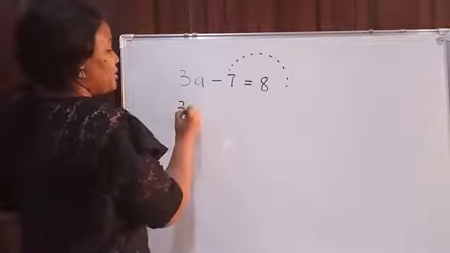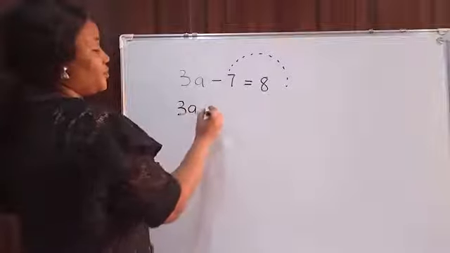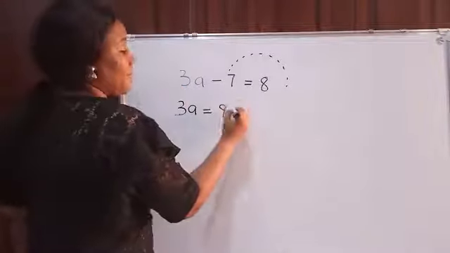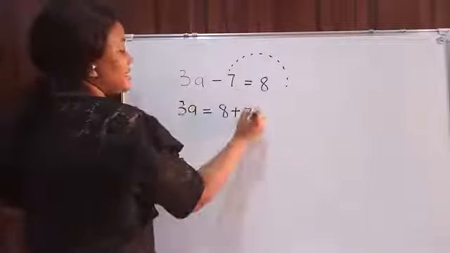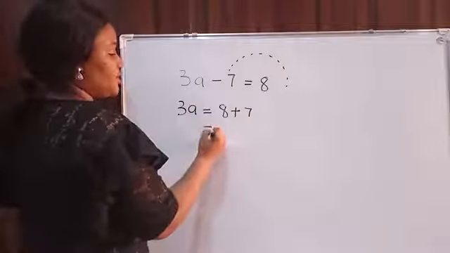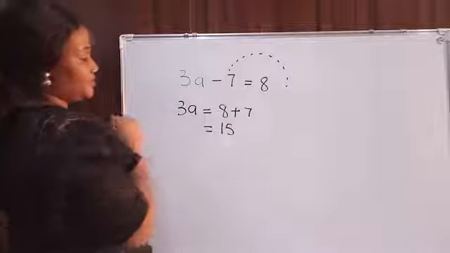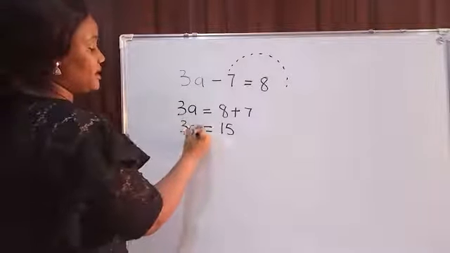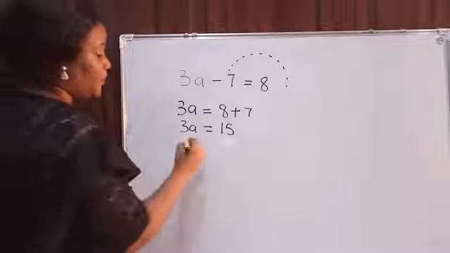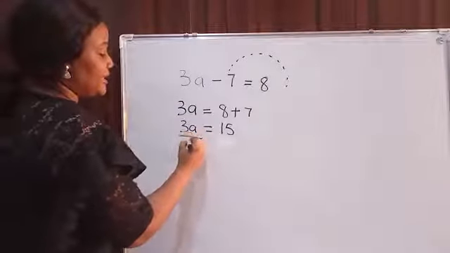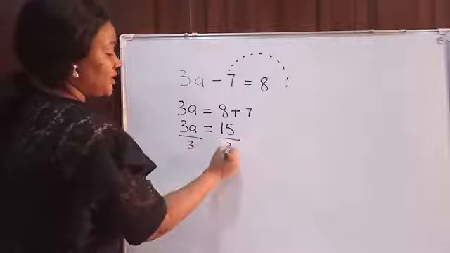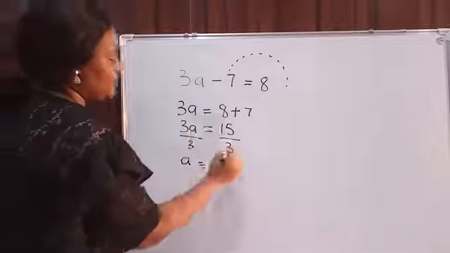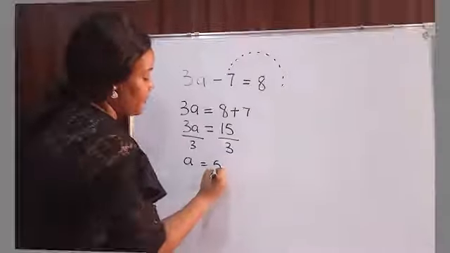And we have 3a equals 8, and it changes sign, plus 7, which gives us 15. And you have 3a equals 15, and we need only a. Divide both sides by 3. And we have a equals 15 divided by 3, which is 5.